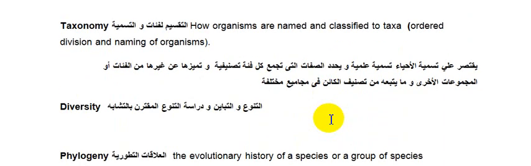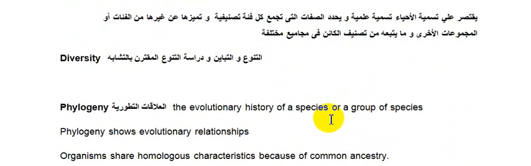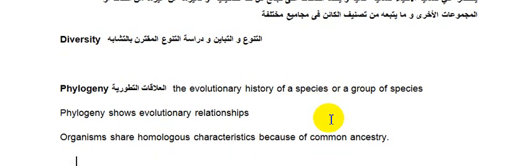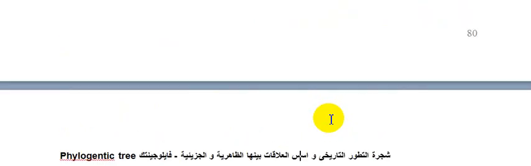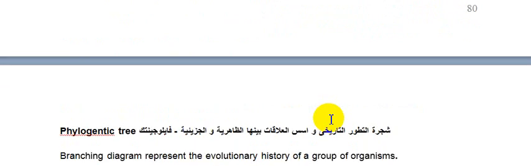Diversity or variation is the rule in living organisms. Phylogeny, or the phylogenetic tree, is the evolutionary history of a species or a group of species. Phylogeny shows the evolutionary relationship. Organisms share homologous characteristics because they have a common ancestry.